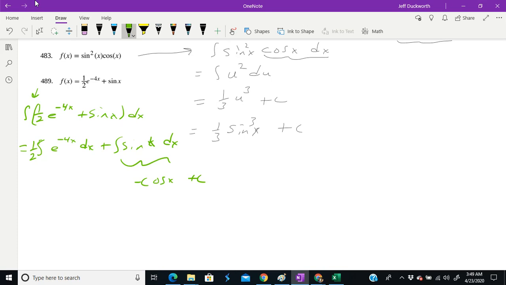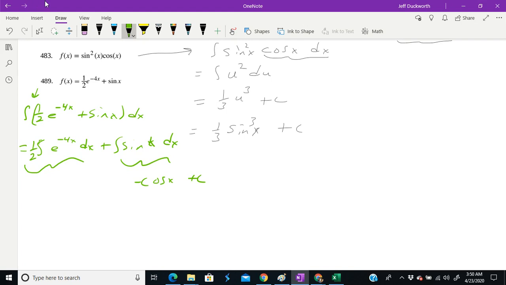This part here, I'm going to use a u substitution. So here we know that the integral of e to the u is e to the u, and the derivative of e to the u is e to the u, but we don't have u, we have negative 4x.